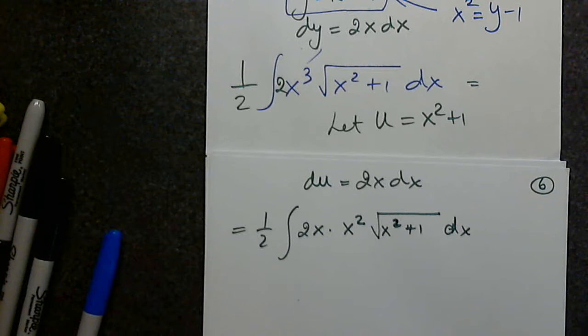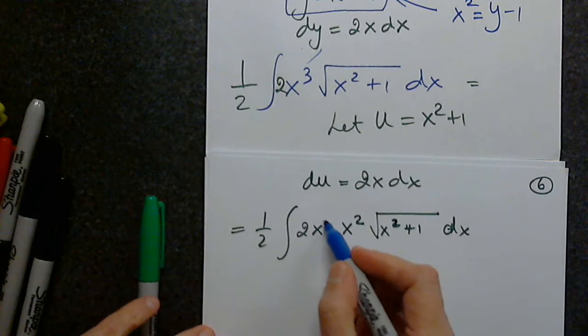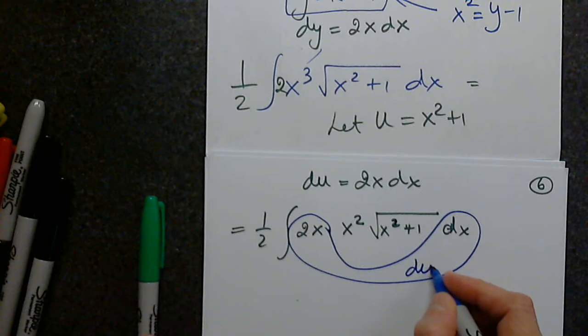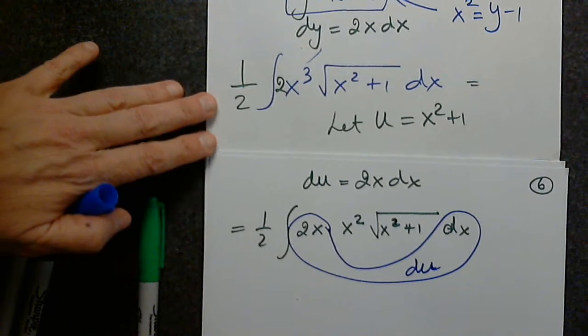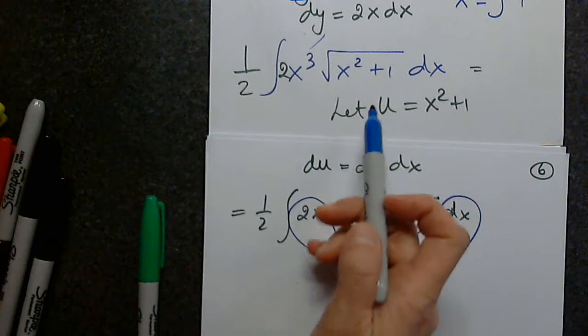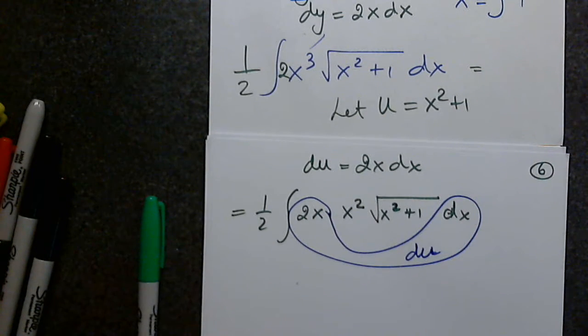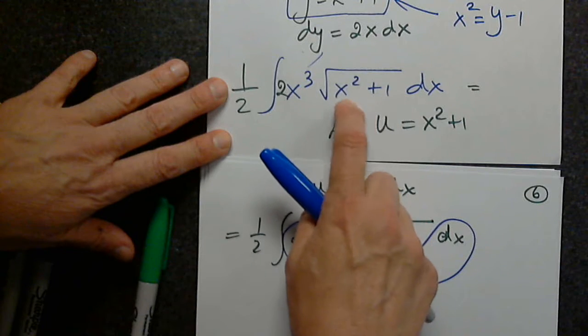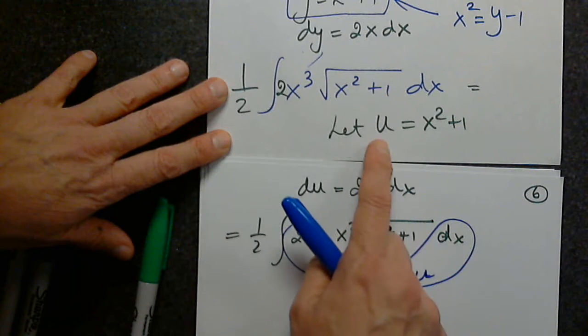Agreed? Okay. Now, if we are on the right track, then this piece with this piece will form du. This time we're using u. I just used the notation from the book. Instead of y, I said let u instead of y. It doesn't matter. Okay, so we denoted this quantity, x squared plus 1, by u.